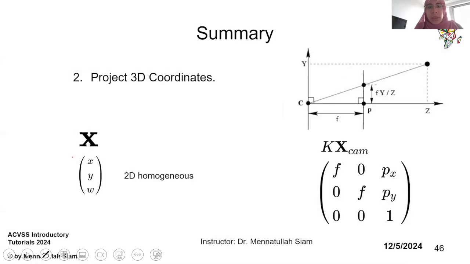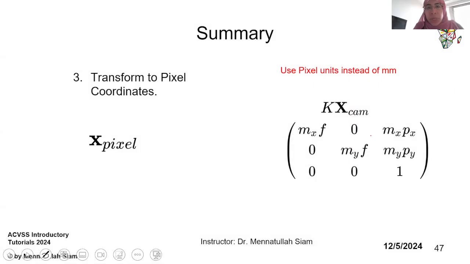The second thing is I need to project from 3D to 2D. This includes the focal length and the principal point, so we take K multiplied by X cam, after transforming it with the extrinsics. And the final step is transforming to pixel coordinates, where we simply multiply by MX and MY.